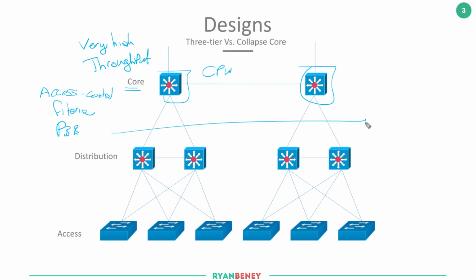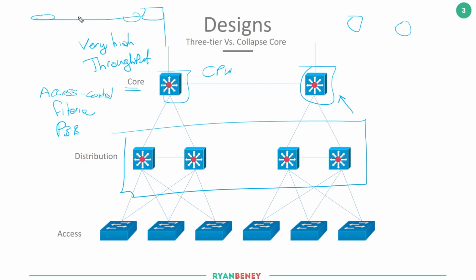All of that should have been done by the distribution layer before it gets to the core, because the core itself would be connecting multiple distribution layers together across the rest of the network. It doesn't want to be dealing with a lot of the overhead and complexities that the distribution layer should have attended to. The core is also referred to as the backbone.